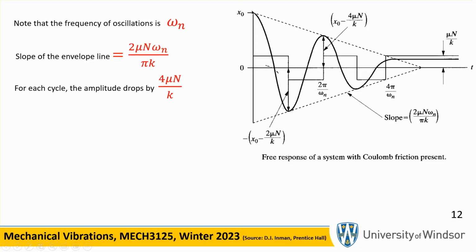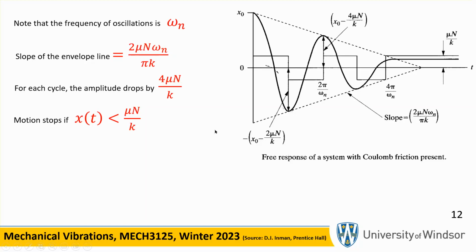So if it was x naught initially, where we moved it to location x naught, after the first cycle it is going to be x naught minus 4 of these. Every half a cycle, it obviously drops by half of that. One cycle, the amplitude drops by this much. Next cycle, it drops by another this much, another 4 mu n over k.